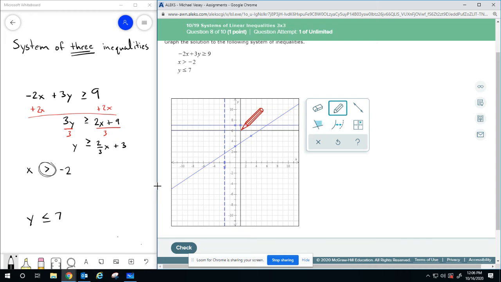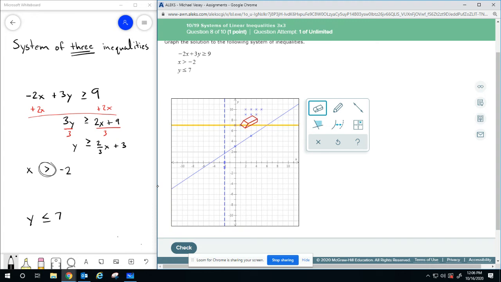Now we basically have two options. We could shade up here, or we could shade inside this little triangle. Those are our options because we had to be above this line and to the right of this line, so it all depends on where we are in relation to this new line.